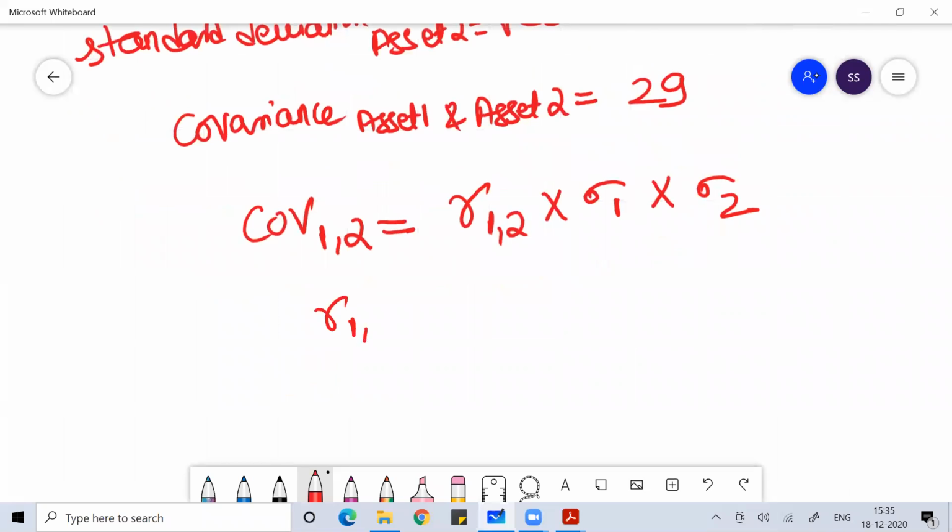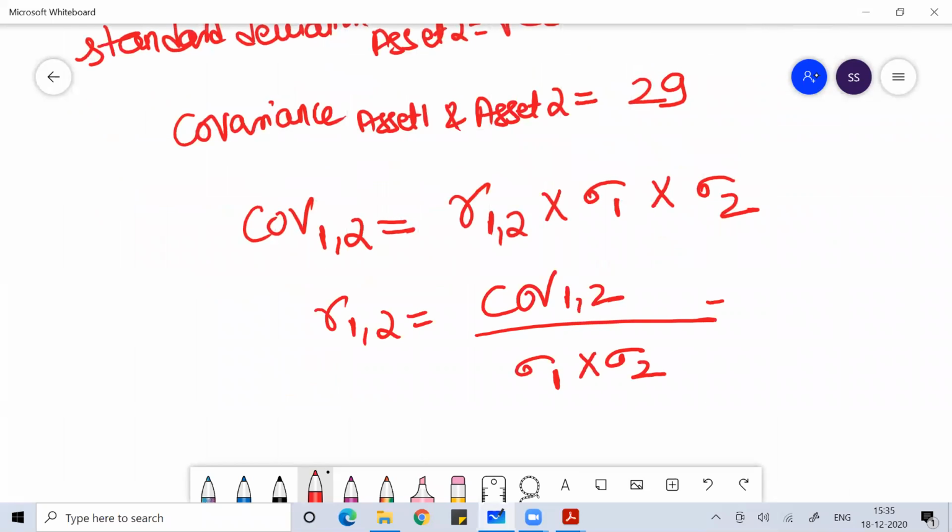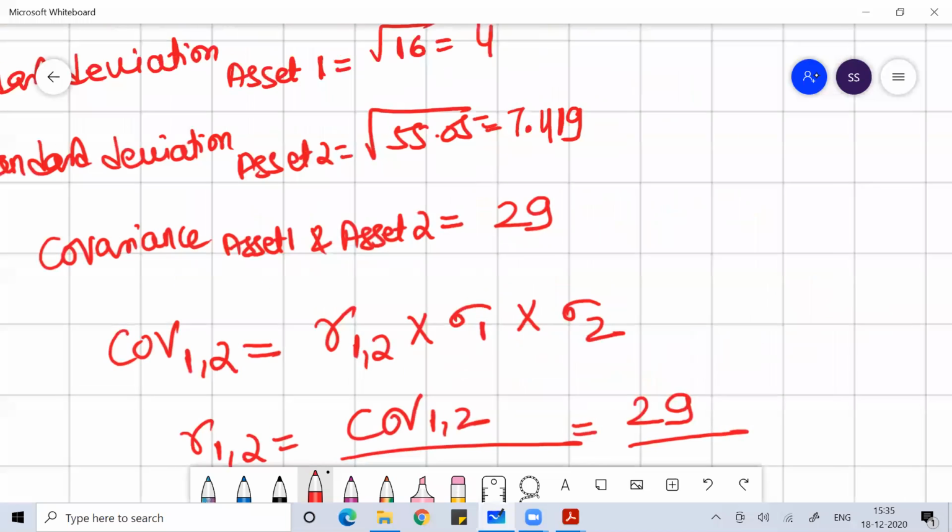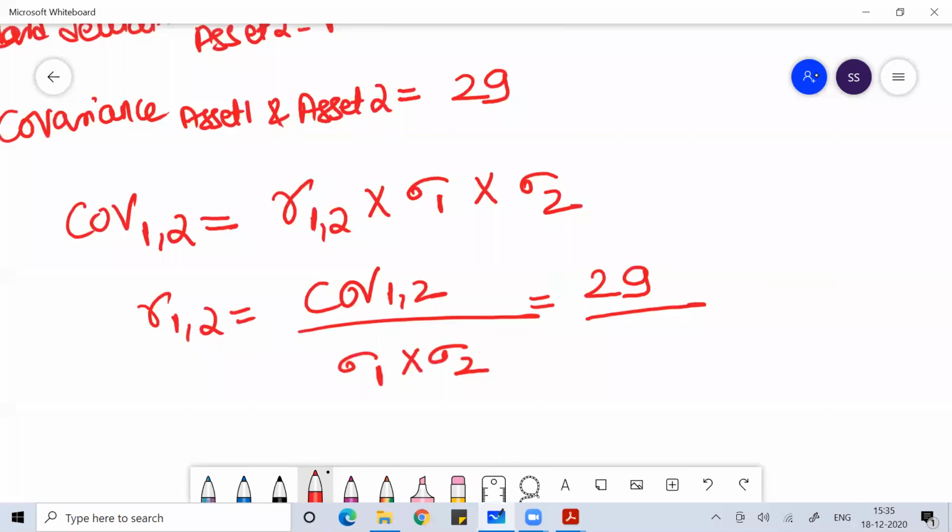So the coefficient of correlation is covariance divided by standard deviation of 1 into standard deviation of 2. The covariance is 29, standard deviation of 1 is 4, standard deviation of 2 is 7.419. So 29 divided by 4, then divided by 7.419. You get 0.977.